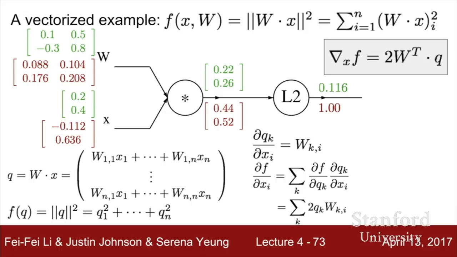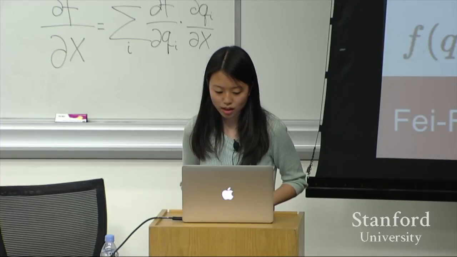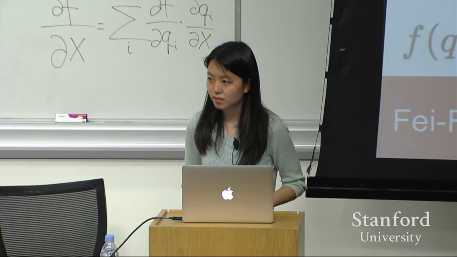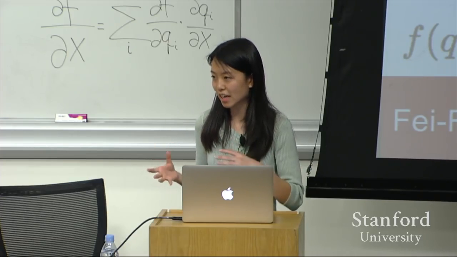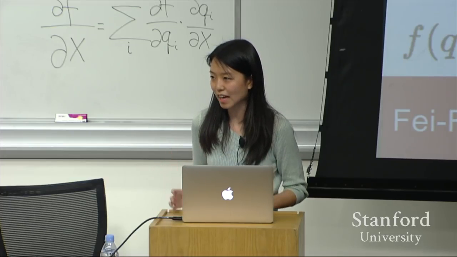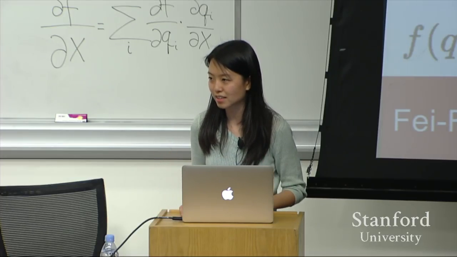The vectorized expression of the gradient with respect to x has the Jacobian here, which is this transposed value. So you can write it out in vectorized form. In this case, the matrix is going to be the same size as W, so it's not actually a large matrix.